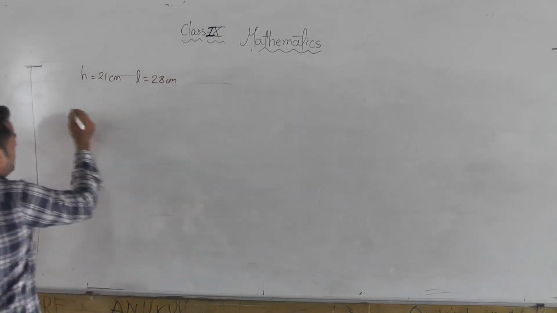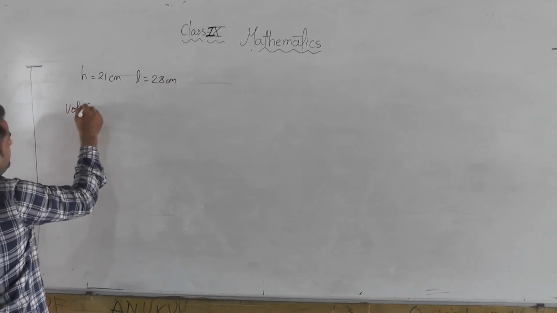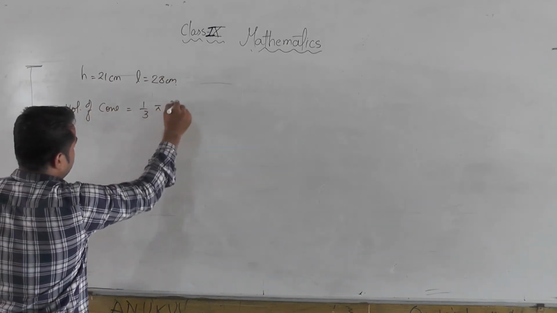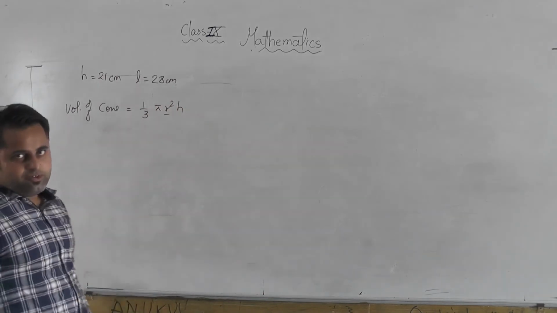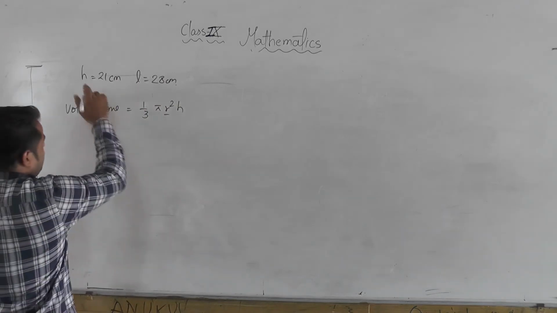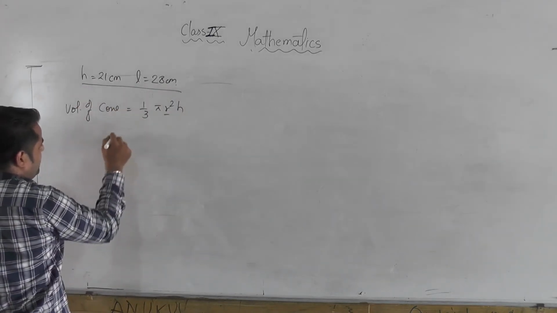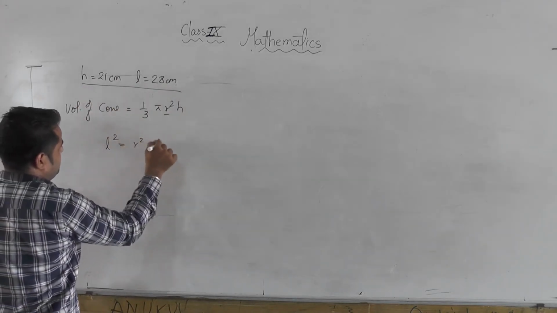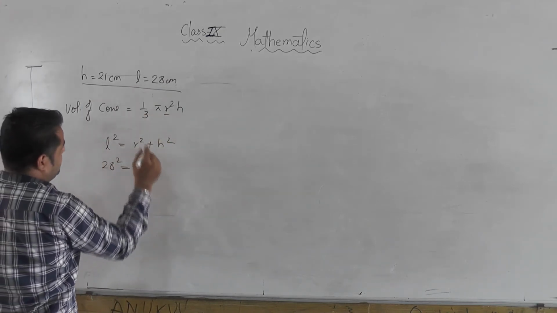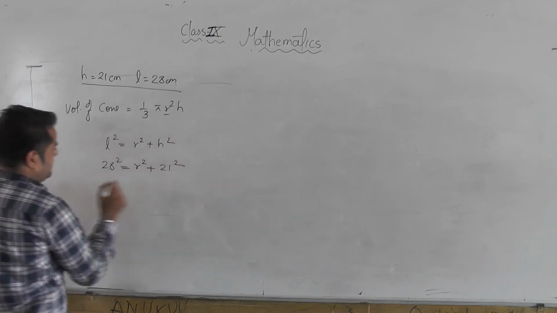So see, for the volume, since the volume of cone is 1 by 3 πr²h, r is required. We don't need l, the slant height. So what we are doing here, we can determine r by applying the formula that l² is r² plus h². Your l is 28, r we don't know, h is 21.